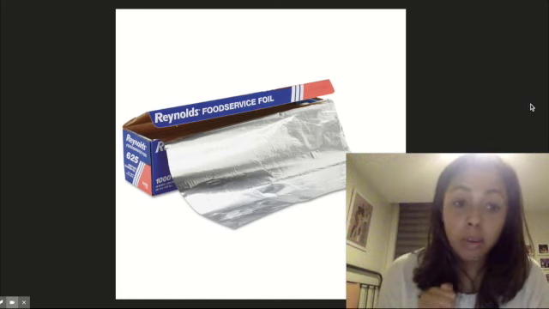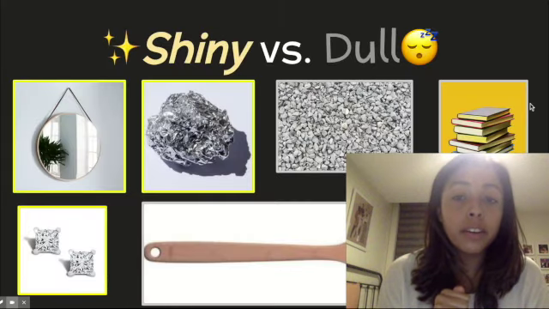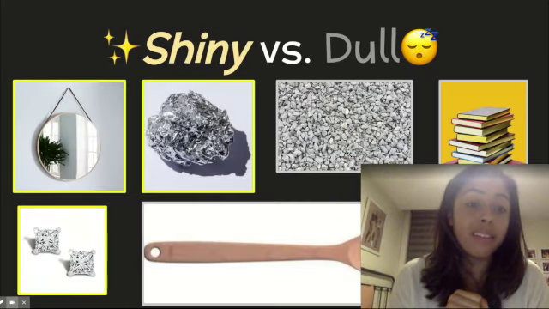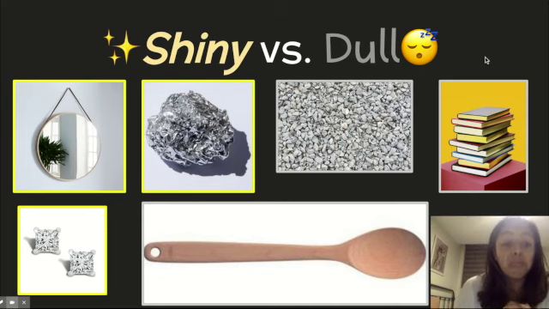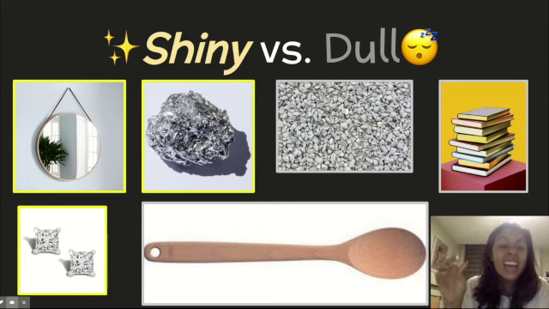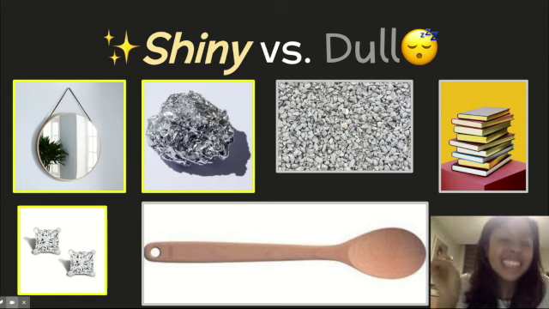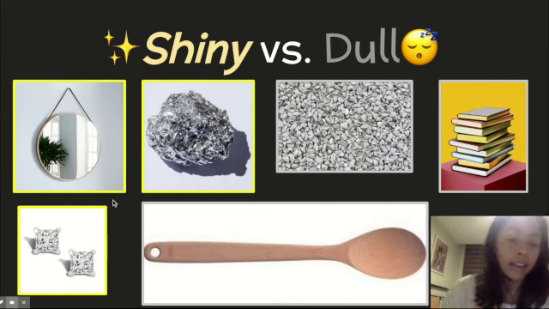I'm going to tell you what happened, but first, let's review what it means for something to be shiny and what it means for something to be dull. When I think shiny, I think bright and sparkling and dazzling. So I think of a mirror or aluminum foil or even some earrings.